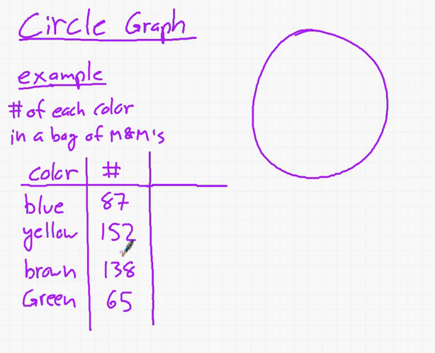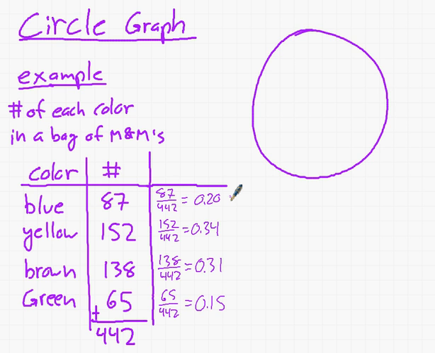So to figure out the percentage, we need to know the total. So we add up all these, and it turns out there were 442 M&Ms in this particular bag. And what we need to do is divide each number by 442, and then we're going to get the percentage.